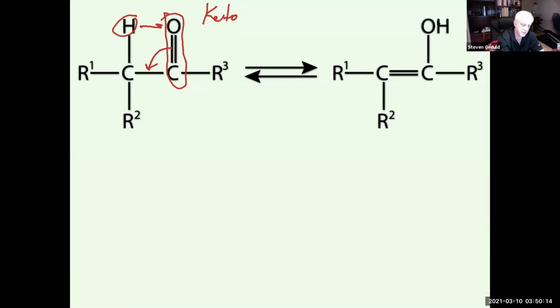Okay, and that forms this carbon-carbon double bond and an OH. This is your enol form.